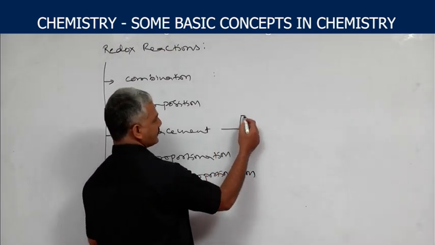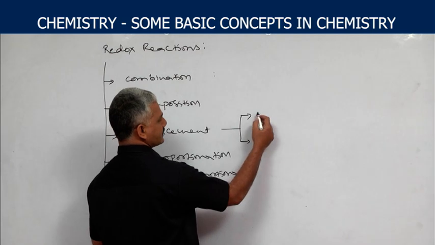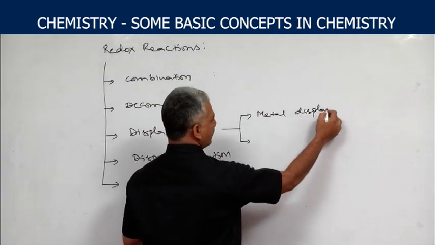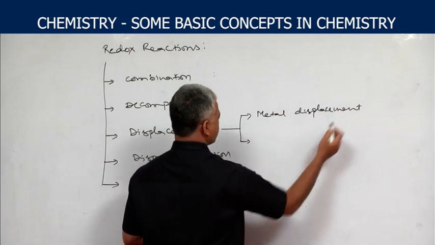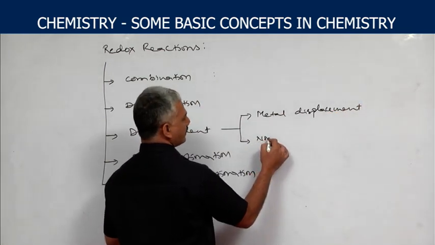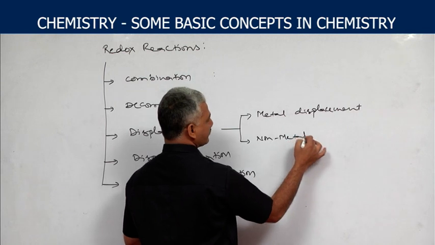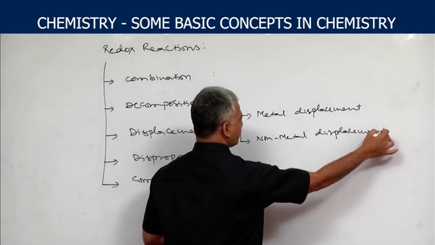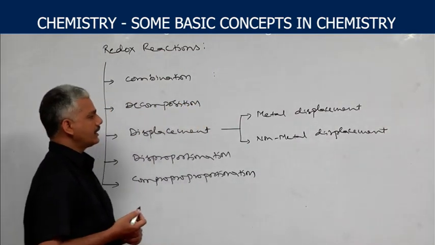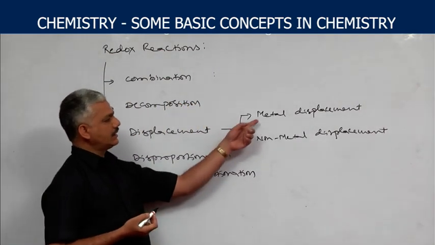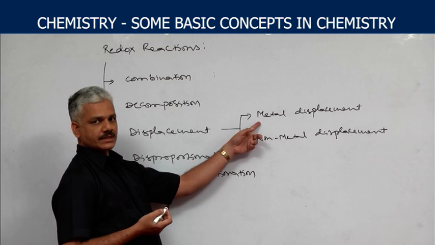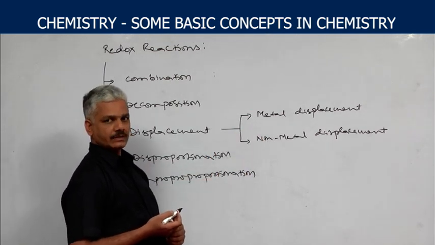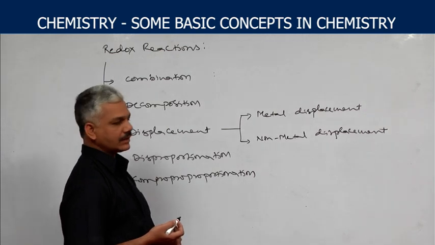These are further classified into two types: metal displacement redox reactions and non-metal displacement redox reactions. As the names indicate, here one metal is replaced with another metal, and here one non-metal is replaced with another non-metal.